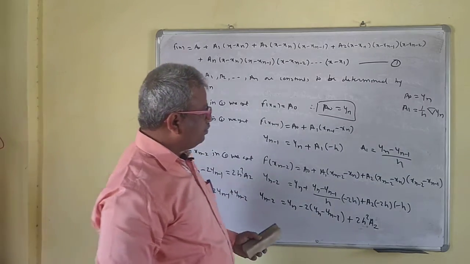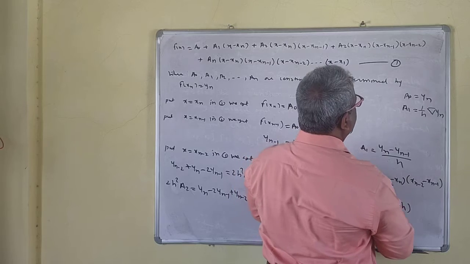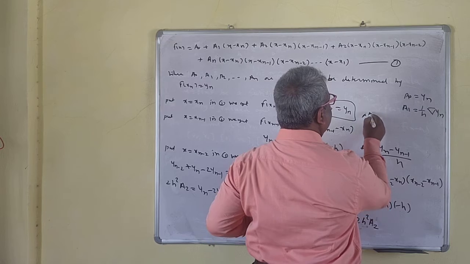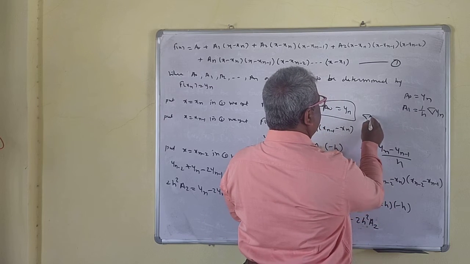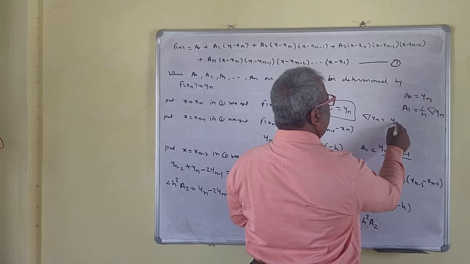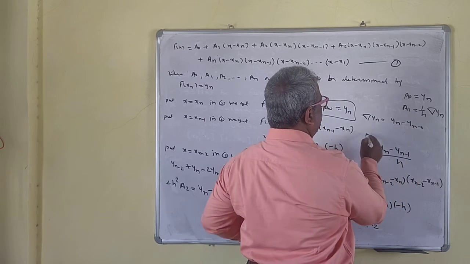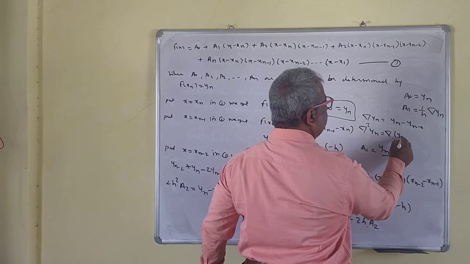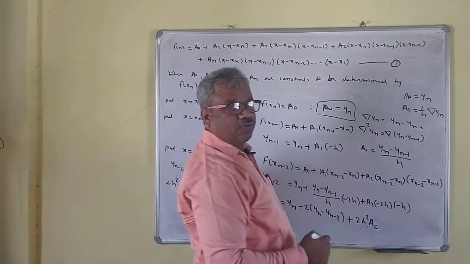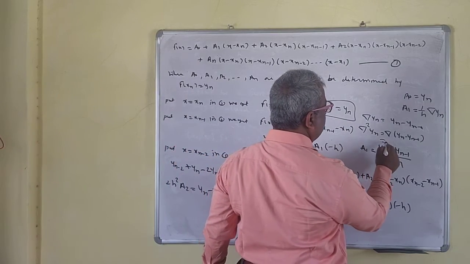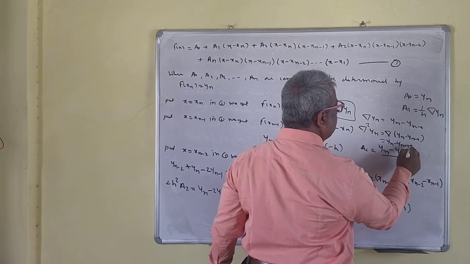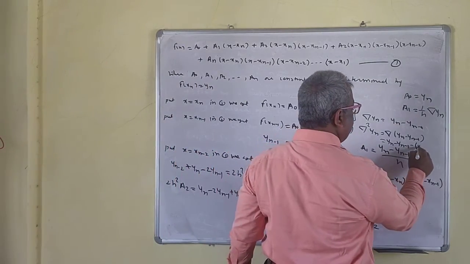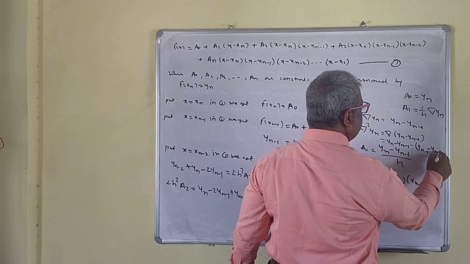Okay, so now we'll do the calculation. First backward difference at yn is equal to yn minus yn minus 1. Second backward difference at yn is del of yn minus 1, that is, yn minus yn minus 1 as it is, minus, you have to replace n by n minus 1, so yn minus 1 minus yn minus 2.